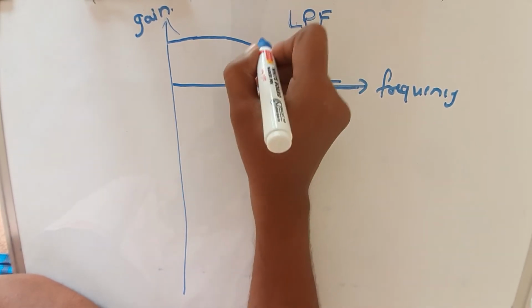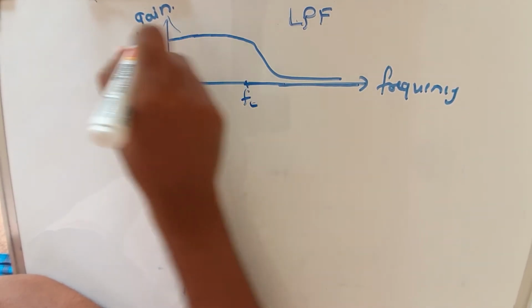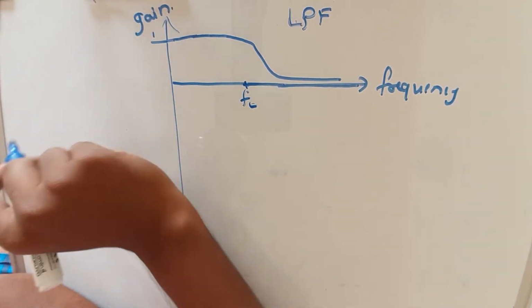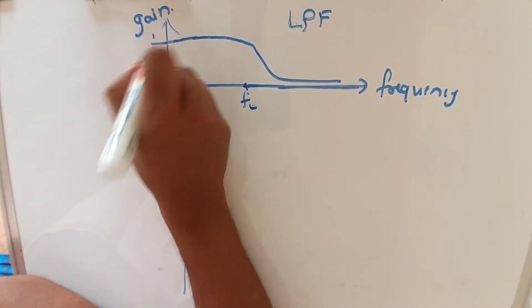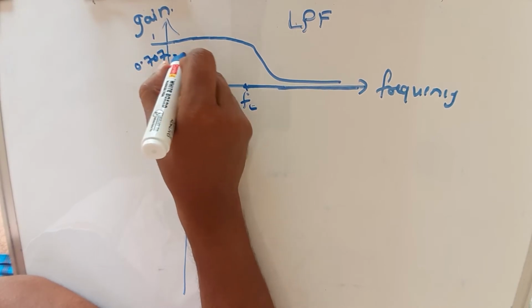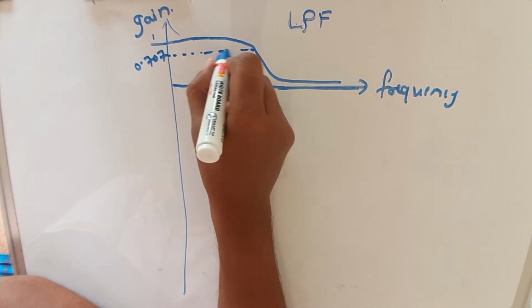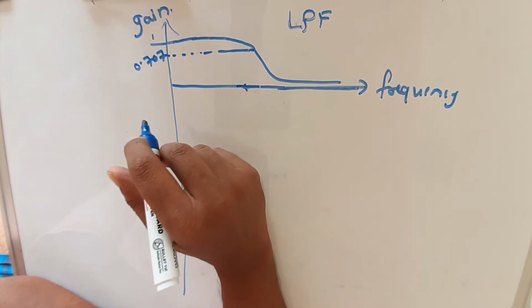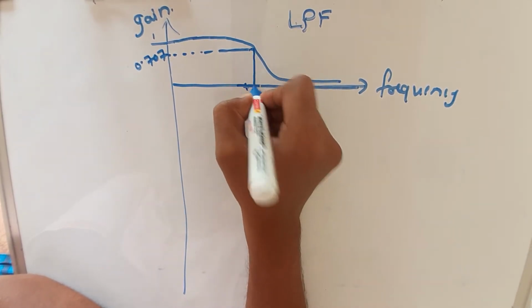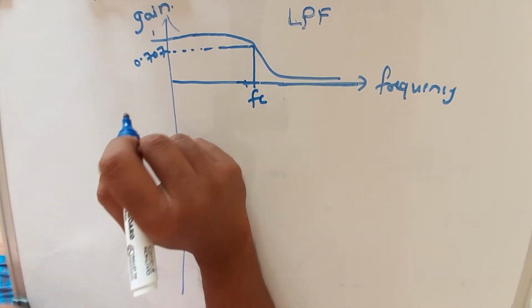I will assume this maximum as 1. After this, at 0.707 of this highest value, we get the maximum power point, and this is called the cutoff frequency.